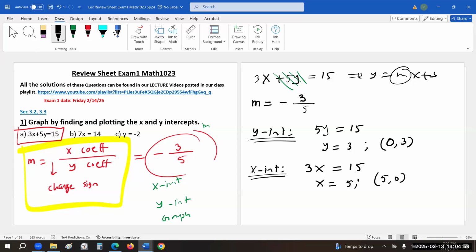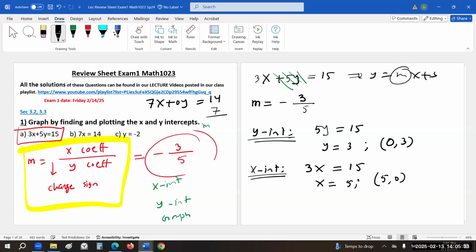I have a question. Let's say for B, I want to use the shortcut. Do I just write 7x plus 0? The shortcut is only for standard form. You can write it as 7x plus 0y equals 14. The slope is the x coefficient over the y coefficient.